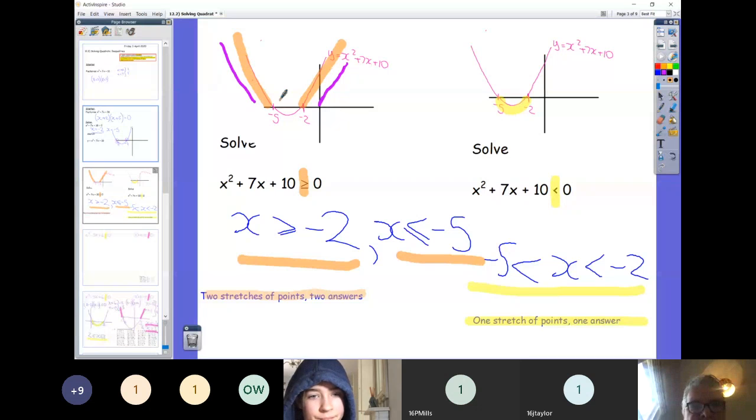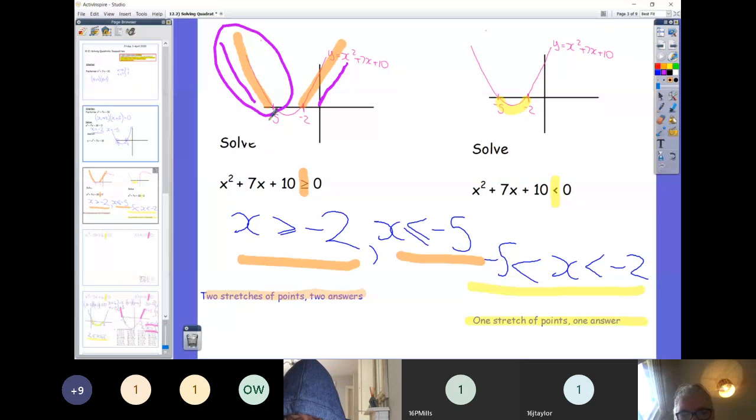Now we've got two separate stretches of points. We've got this stretch of points on the left. Those are all the points where x is less than or equal to -5. The equals bit we just add on because the question has an equals bit.